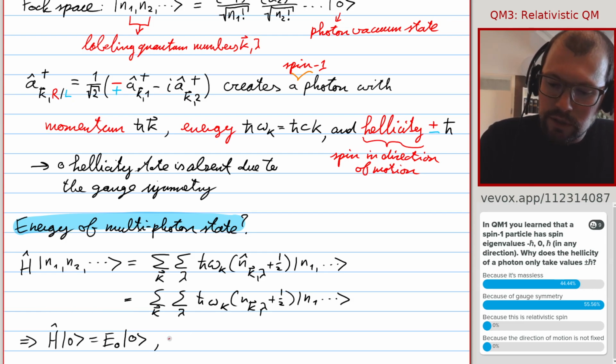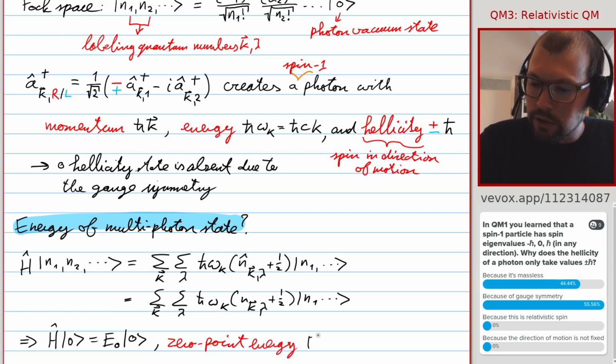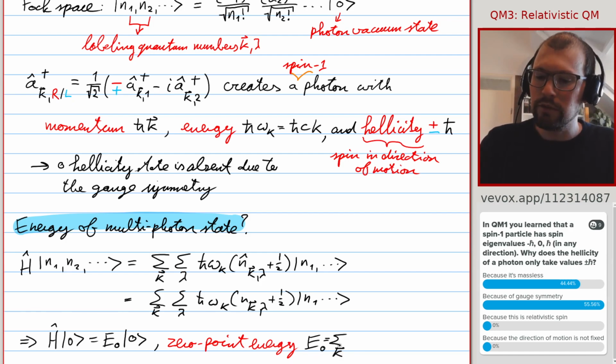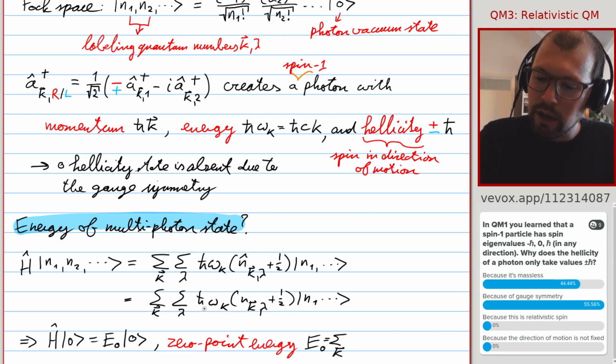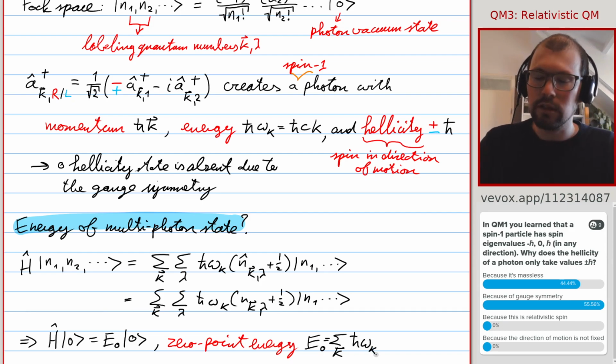So this is called the 0-point energy, equal to the sum over the wave vectors of 1/2 h bar omega k. But we also have a sum over the two polarizations, so that cancels the 1/2. So I simply get a sum over h bar omega k.